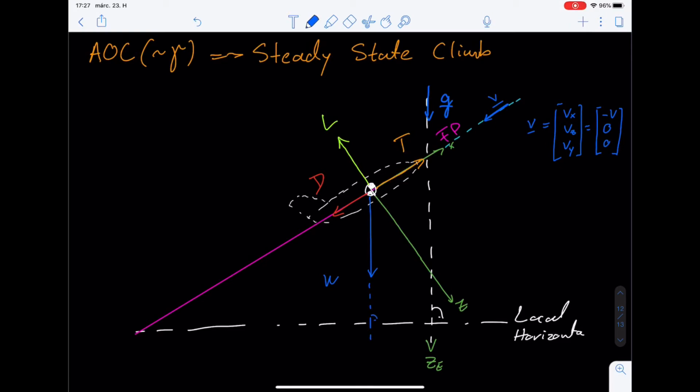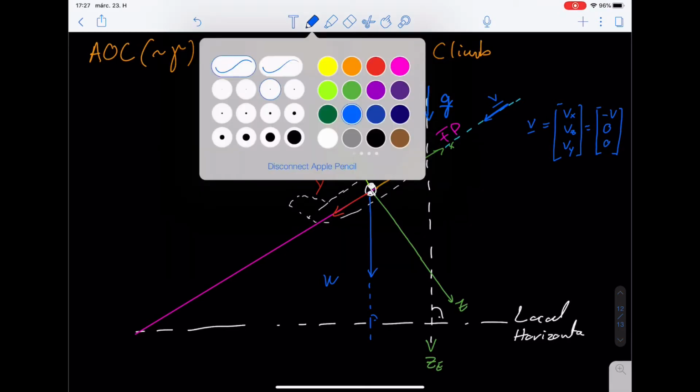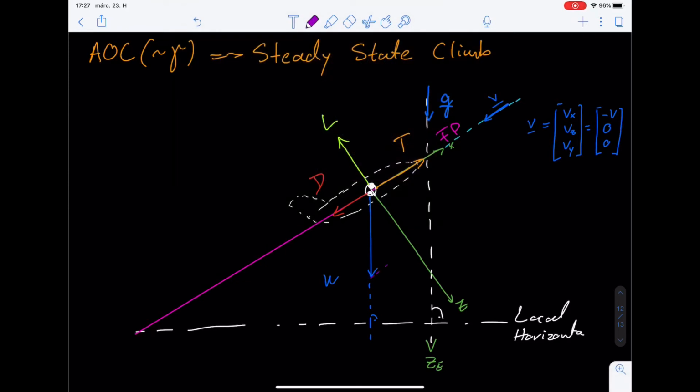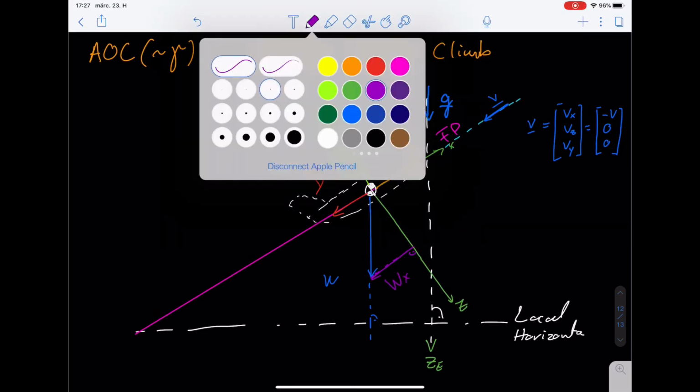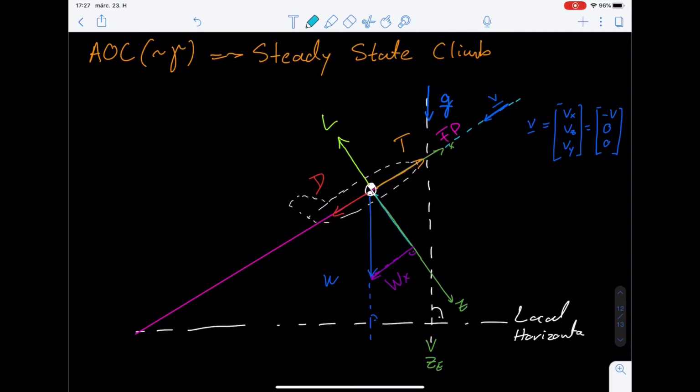Okay, if you remember, we broke down the weight into two components. We have one which acts parallel to the longitudinal axis, and we have one which acts parallel to the vertical axis of the aeroplane, so it's Wz.